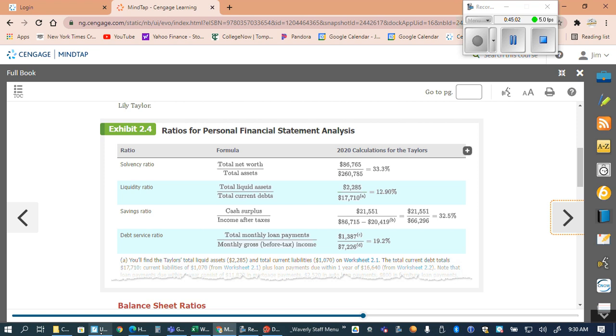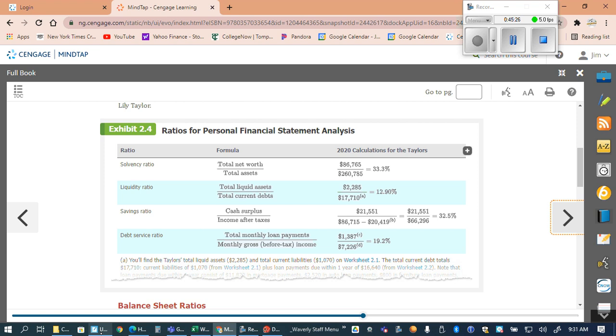I'm not sure that they're in the greatest shape there. What do you guys think? Here's all the cash and cash equivalents they have on hand, and here are the debts payable within a year. You might want to see that number be a little bit higher. Emergency funds would have probably helped that out.